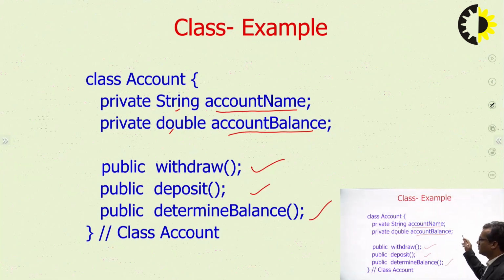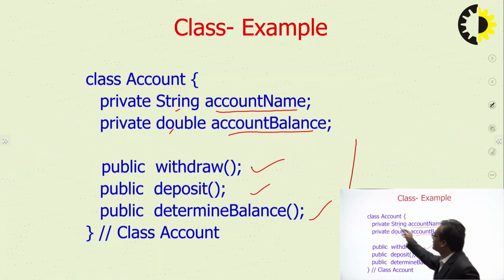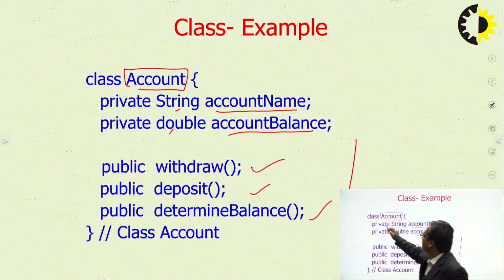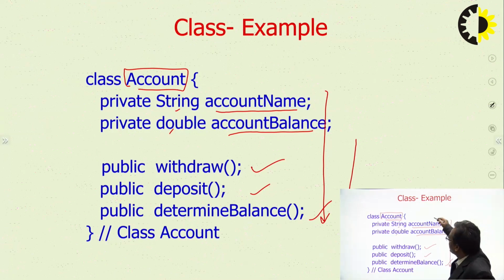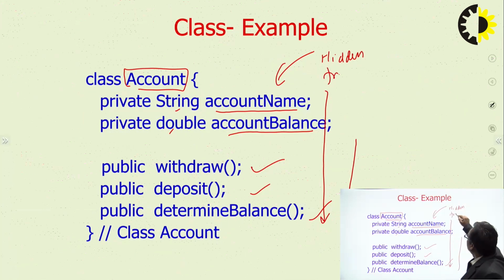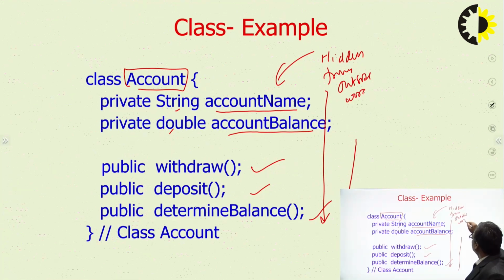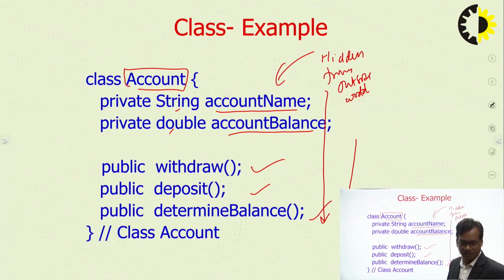So this is an account class. In this way, you can define your account class with the help of abstraction. So the class Account is an abstraction of this data and methods. That means it is hidden from the outside world, right? So this is an abstract data type.